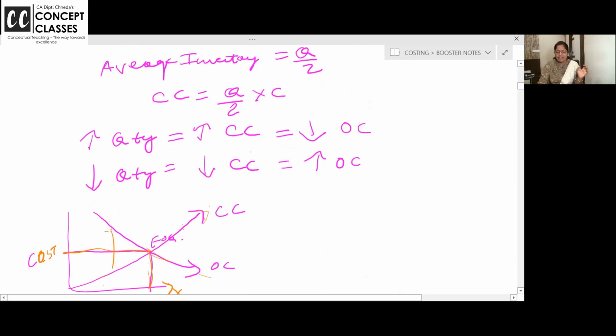Look at the screen. If you buy more quantity, your carrying cost is high, but your ordering cost is low. If you buy less quantity, carrying cost is low as you need to hold less, but ordering cost is high, right?